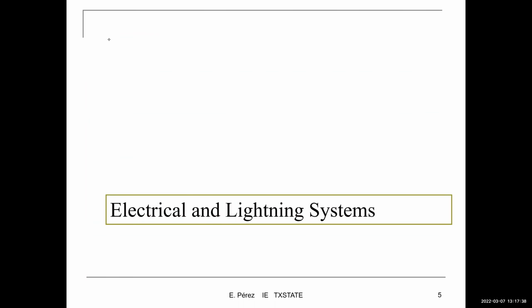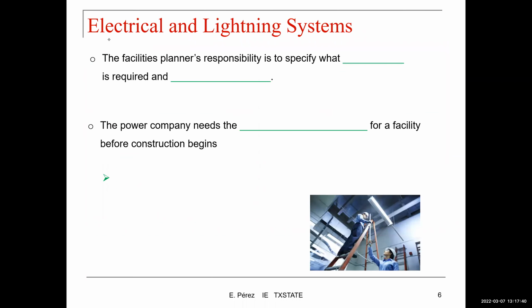So electrical and lighting systems: the facilities planning responsibility is to specify what level of service is required and where it's required. You might have different departments in your facility. Some of them will require more lighting than others, depending on the type of activity or the type of process that you are required to do in that area.